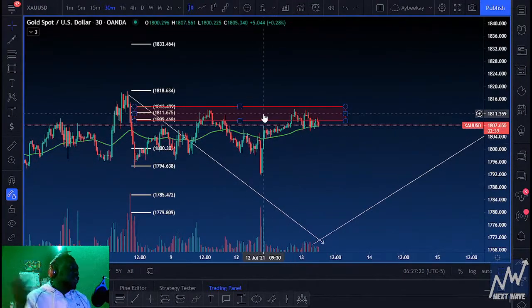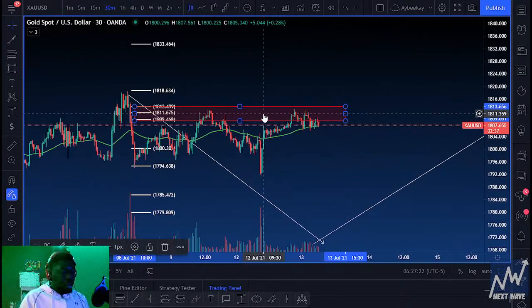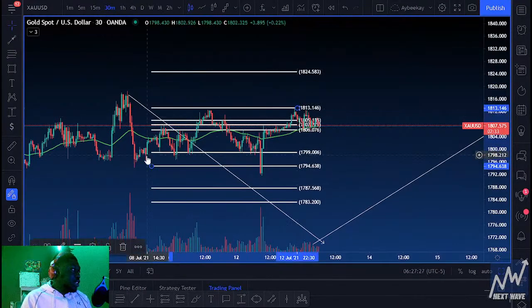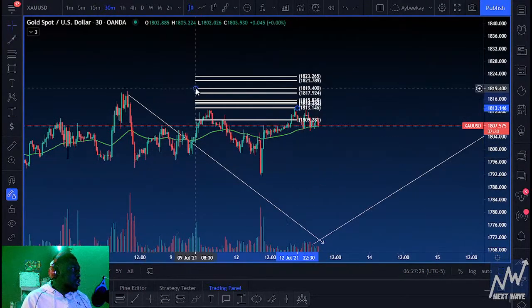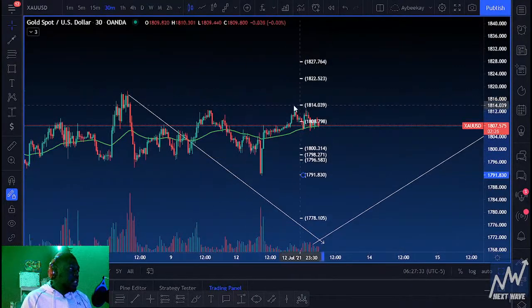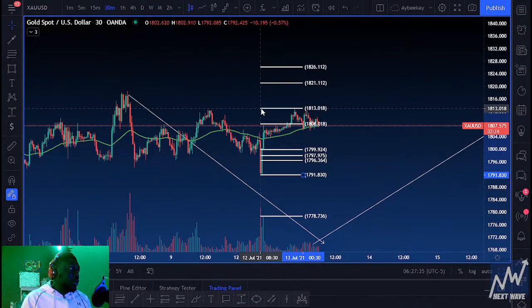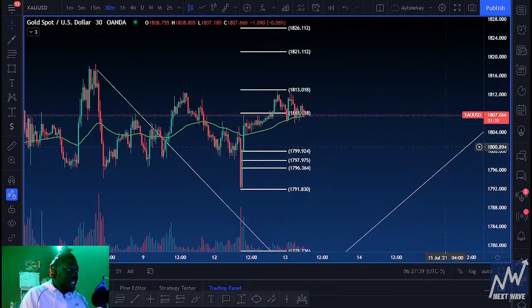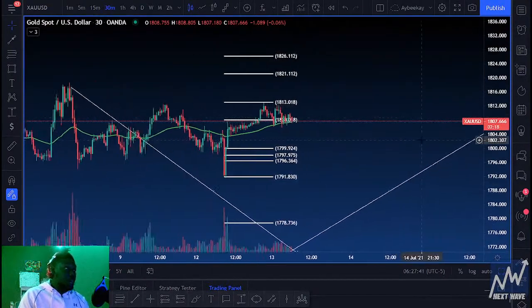Now at this point, I really see price just going bullish. So what we could possibly see here is, let me switch the sides, from this recent bullish move, 1797 gets hit, and then a continuation to the upside at this point.